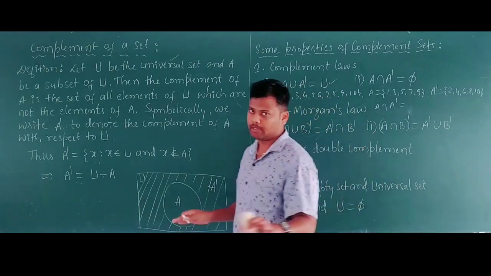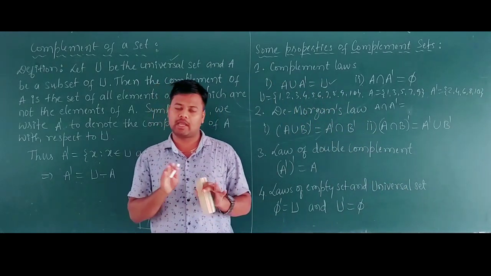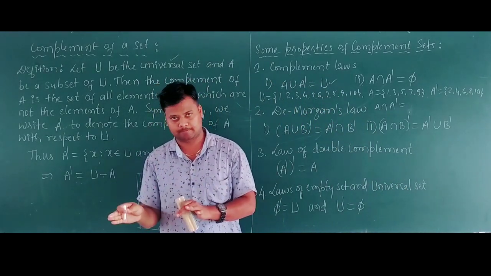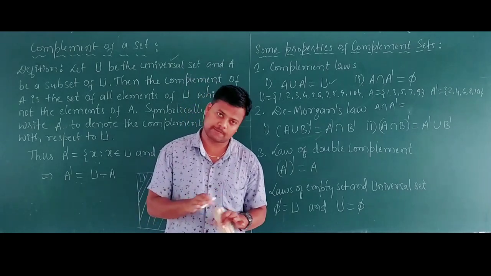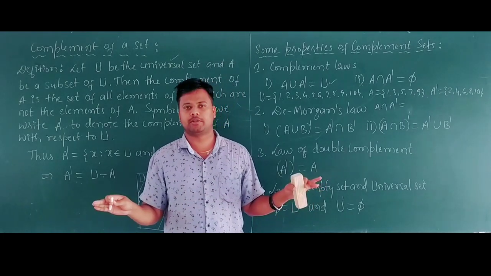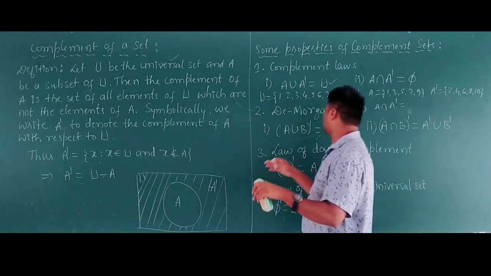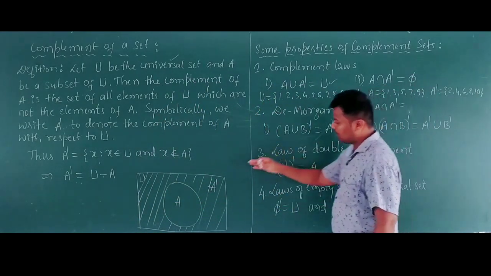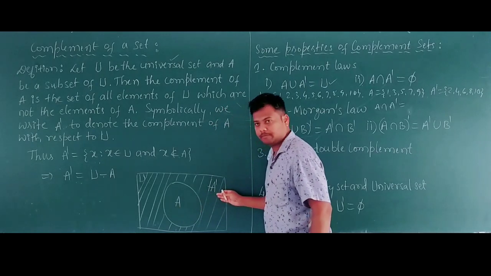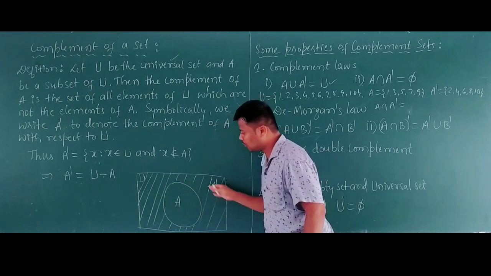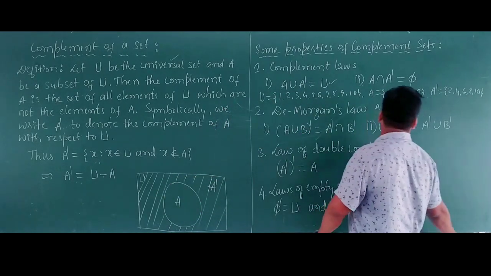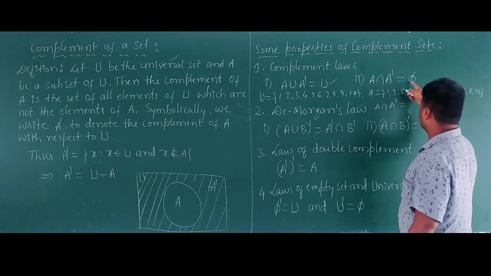Always keep it in mind: A and A complement are always disjoint sets. No element of A comes in A dash, the diagram makes this clear. So no common elements. That's why A intersection A dash is the null set.